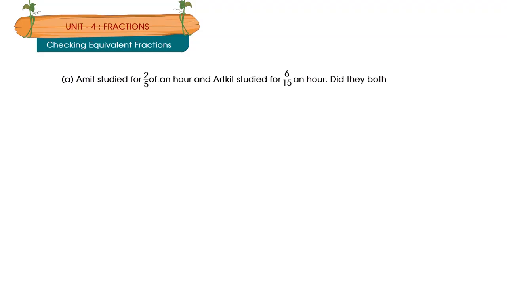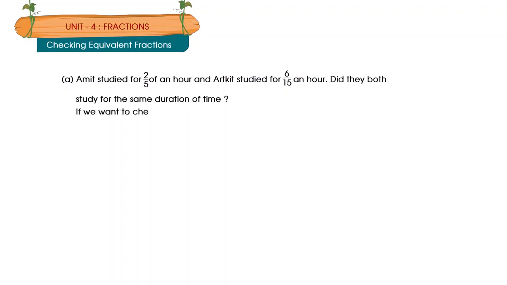Checking equivalent fractions. A. Amit studied for 2 by 5 of an hour, and Ankit studied for 6 by 15 of an hour. Did they both study for the same duration of time?